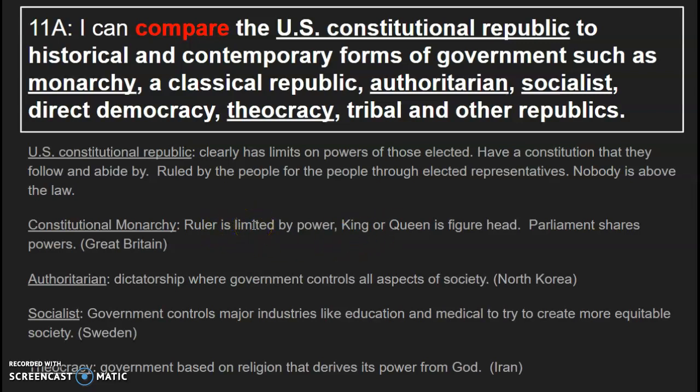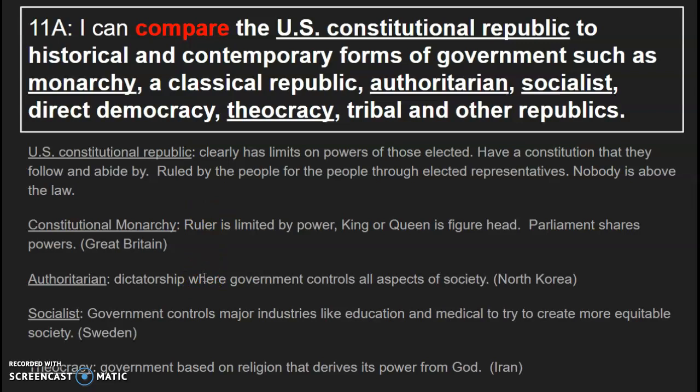So even though they have a king or queen, they do have a parliament, a legislative body that they have to use and abide by a written constitution, and they have to follow that to make sure that they're doing what's best for their citizens as well. So the constitutional monarchy is very similar to the U.S. constitutional republic.